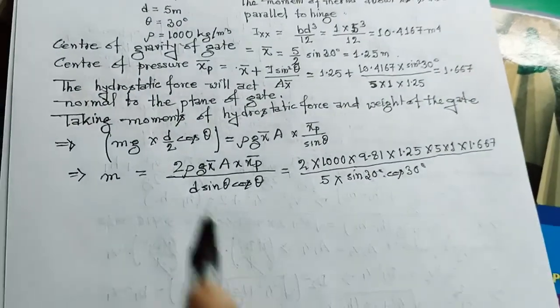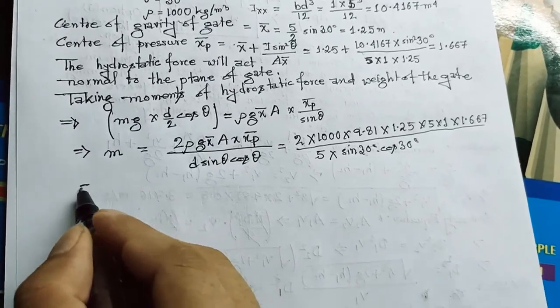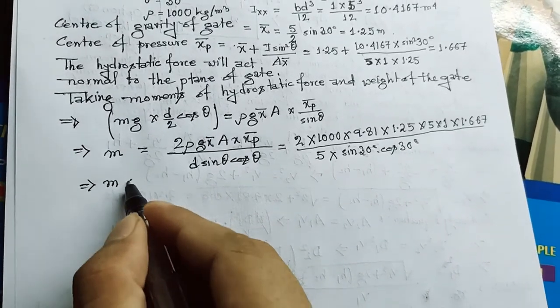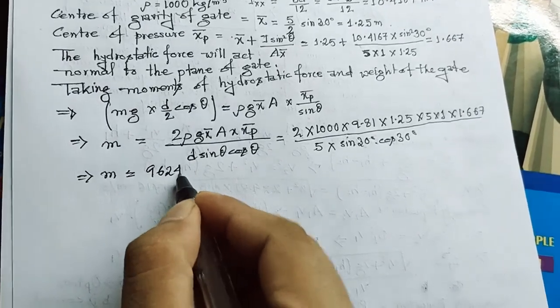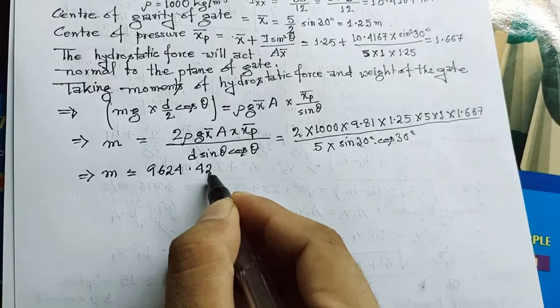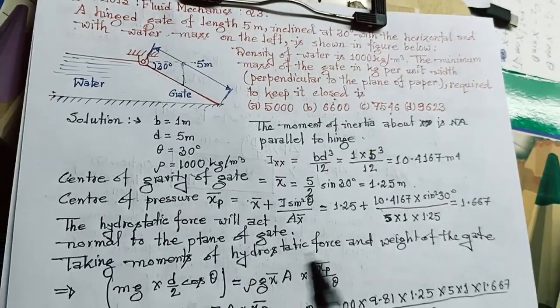If you calculate the value of this quantity, our required value for mass m will be equal to 9624.428 kg.